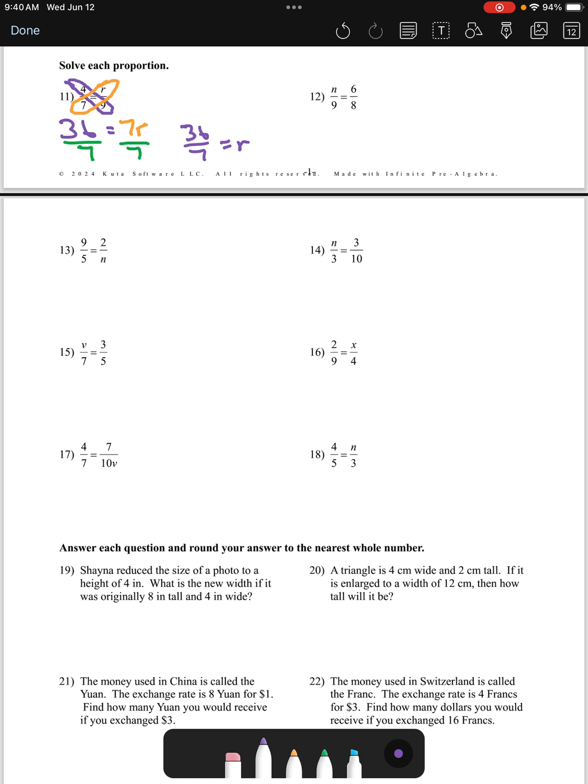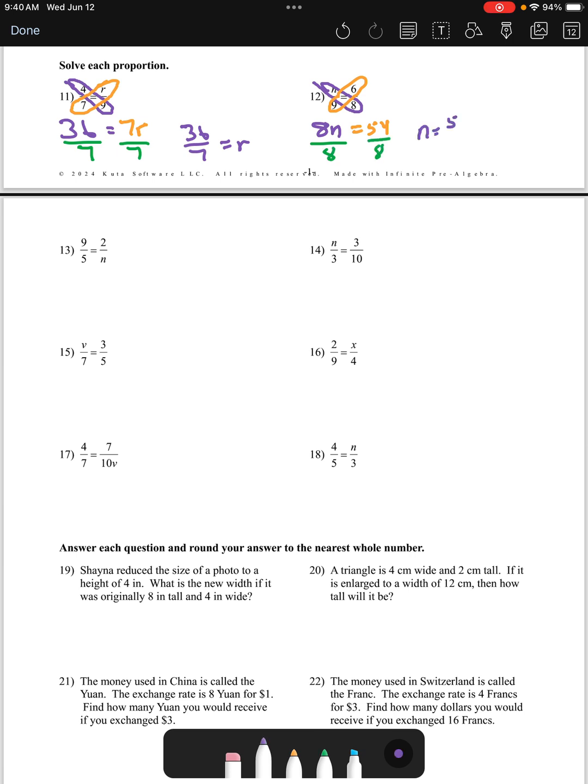So let's just do this 7 more times. Cross products. So my down diagonal on number 12 says n times 8. That's 8n. My up diagonal is 9 times 6. 9 times 6 is 54. So we're going to divide both sides of this equation by 8.